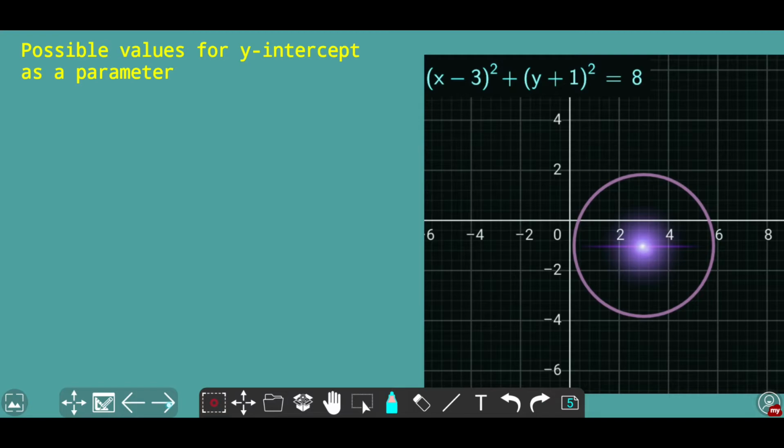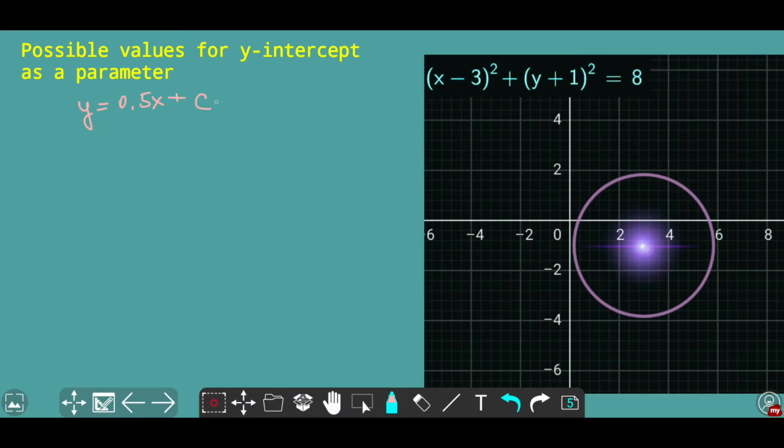how to solve algebraically the possible values for the y-intercept as a parameter. If we want to find, say, for which values of c the given line 0.5x plus c will have at least one point of intersection with the circle.